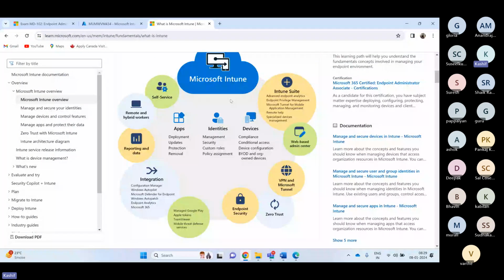As you see, Intune has integration with Configuration Manager, Windows Autopilot, Microsoft Defender for Endpoint, Windows Autopatch, Endpoint Analytics, Microsoft 365, plus managed Google Play, Apple Token, TeamViewer, Mobile Threat Defense Services. So once you enroll to Intune, you will get to learn other things as well. You have to, because those things are integrated into Intune itself.